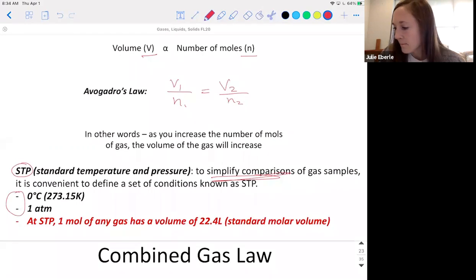Now, what I think is maybe the most important statement on this slide besides the law itself is that at STP, 1 mole of any gas has a volume of 22.4 liters. 1 mole of any gas, that's a lot of liters. That's a big volume. That is standard molar volume. 1 mole of any gas at that temperature and at 1 atm pressure will occupy a volume of 22.4 liters. I was kind of surprised when I remembered how big that was.